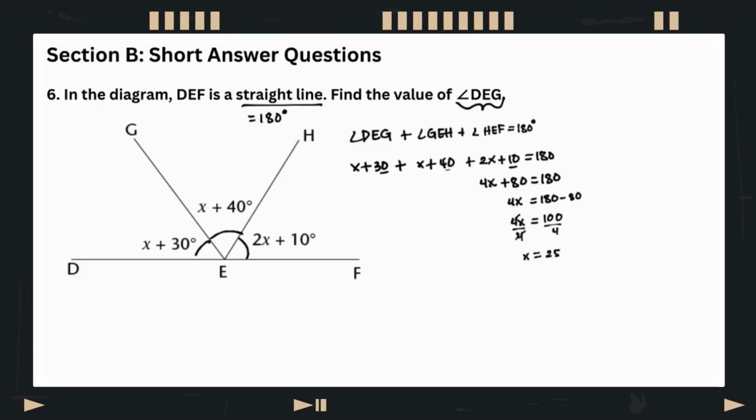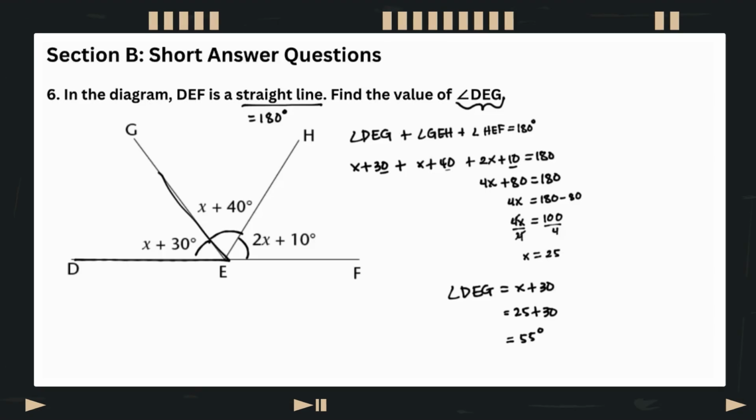Looking at the figure, angle DEG is equal to x plus 30. So we just need to add x here. So we get 25 plus 30 is equal to 55 degrees. This is angle DEG.